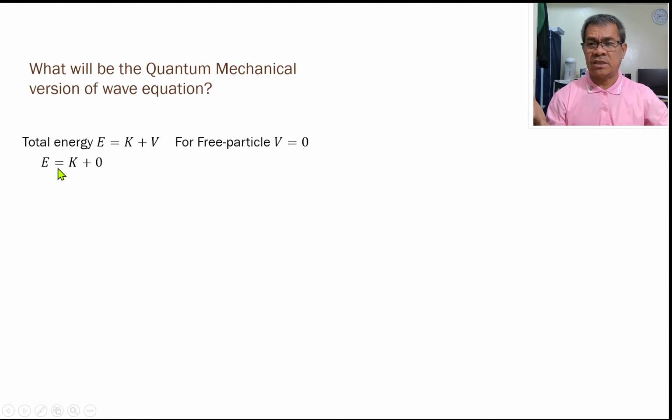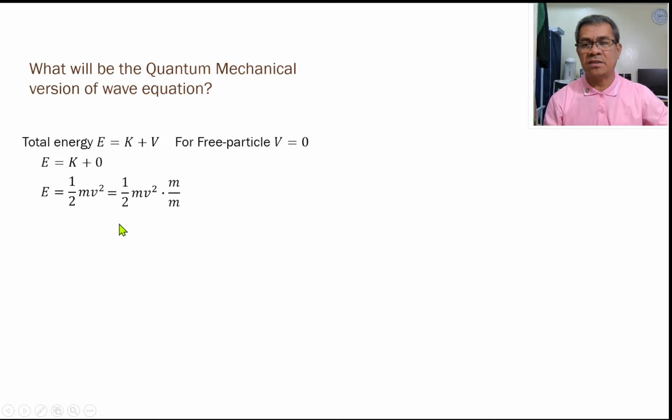Now, what is kinetic energy? Kinetic energy is 1/2 mv squared by definition. Now we can relate this in terms of momentum by multiplying by m over m, so we have m squared v squared over 2m.